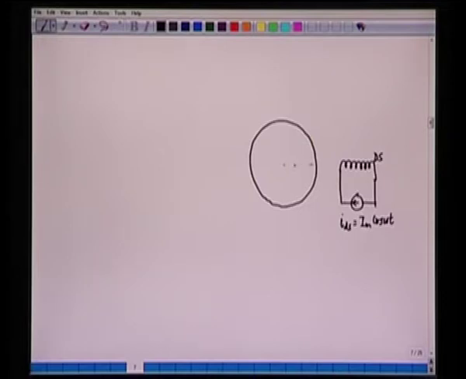So this is the d axis, and this is the q axis. And the rotor is now rotating. After some time, this is rotating in the clockwise direction, speed is omega r here.